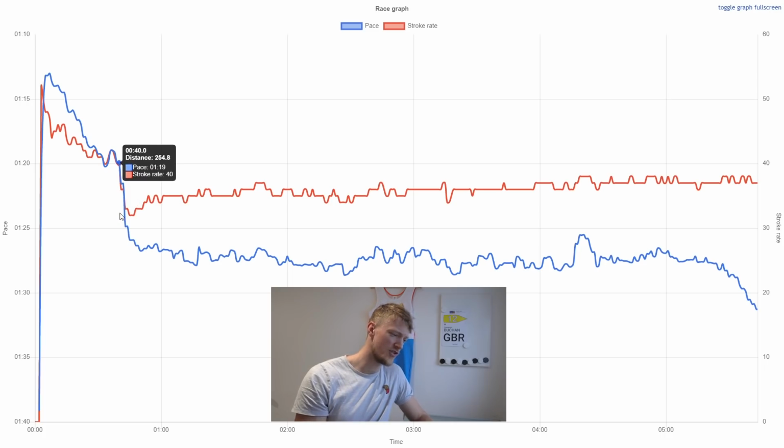It is really interesting because I've been speaking to Phil Clapp, who did the 500 meter world record on the rowing machine not long ago, and his strategy on the 500 meter world record is your body has roughly 40 seconds before anything really starts to hurt, before the lactic acid builds up and you start to really feel it and slow down.